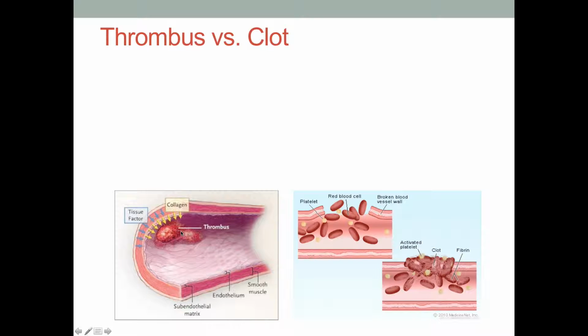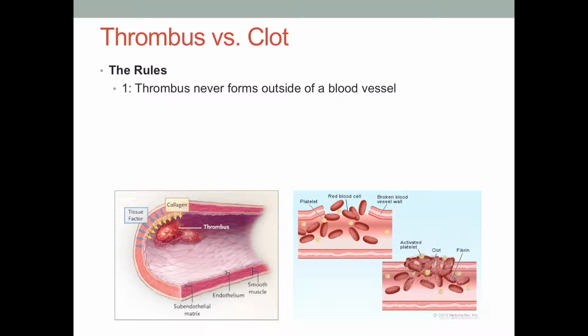So it's a much different process, and it's not as advantageous. We're not in danger of losing blood this way. The body just believes that it is. So in learning the rules between a thrombus or an intravascular clot versus a typical clot that would be in response to injury, some rules exist. First of all, a thrombus never forms outside of a blood vessel.